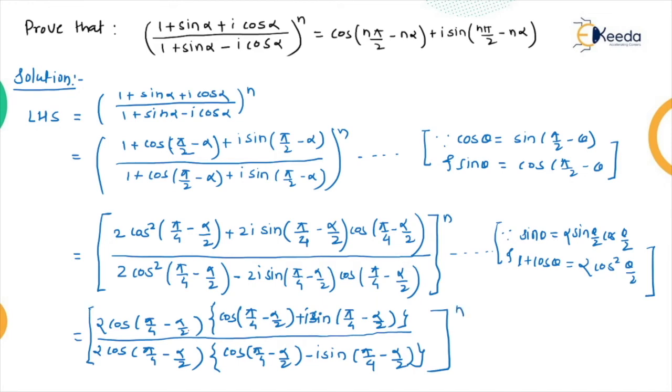In this bracket the cancellation is very easy: the common term is cancelled here, so this term and this term cancel. What is remaining, as we see on the next page?